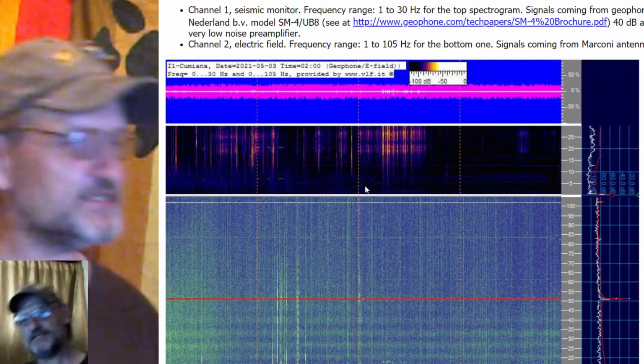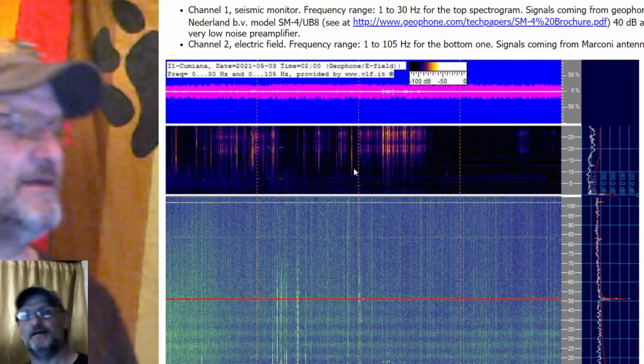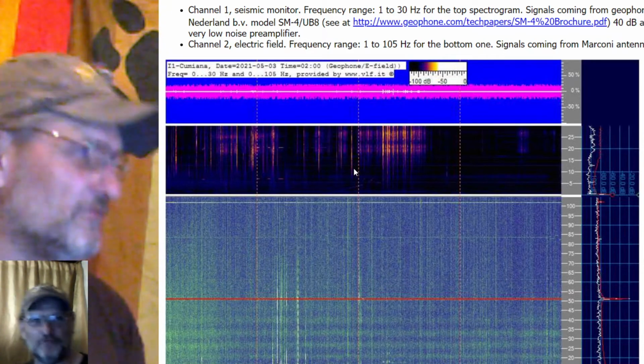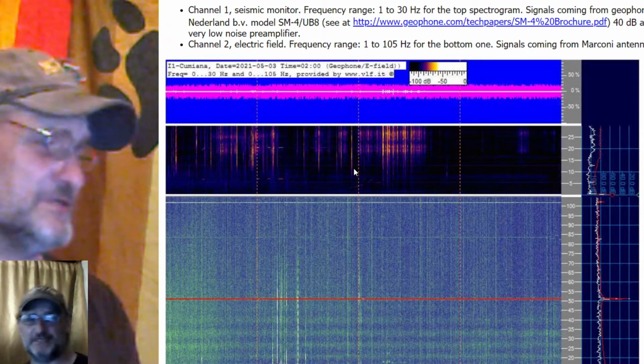Your voice starts at 20 hertz. You have to remember that. There isn't a sound equivalent for 7.8 hertz.